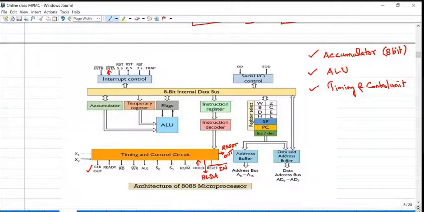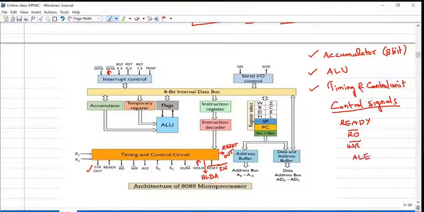What are the signals the timing and control block issues? It has some control signals. What are those control signals? Ready, read bar, write bar, and ALE.